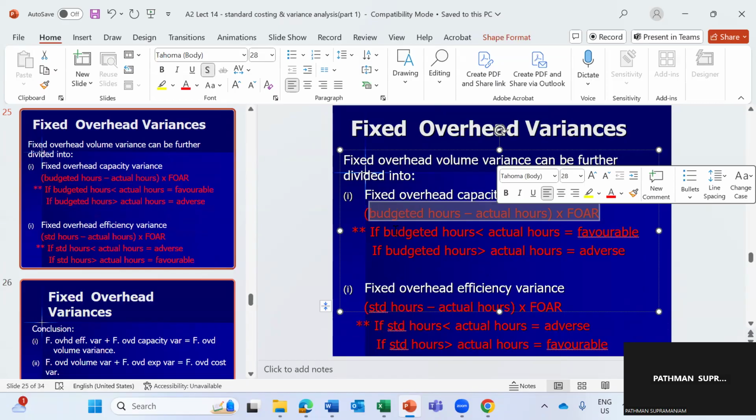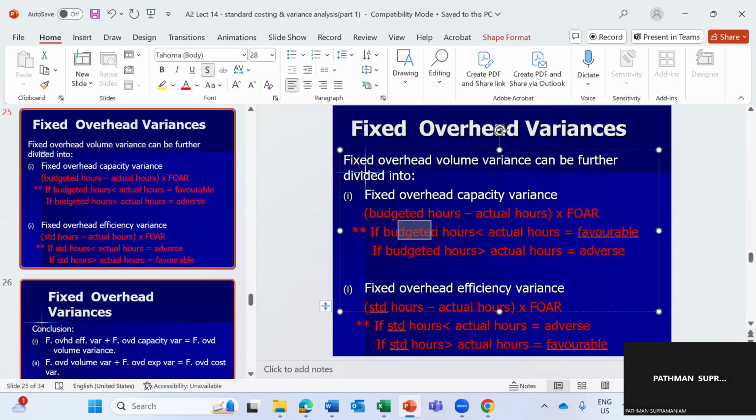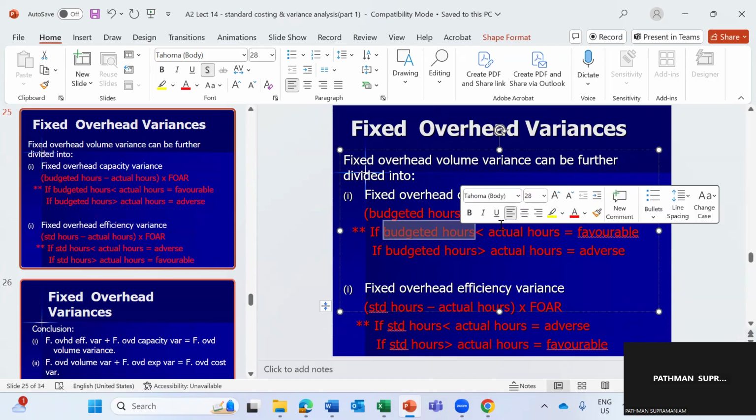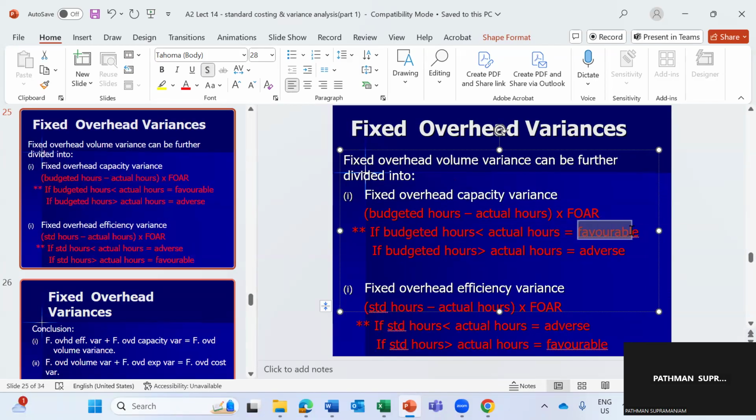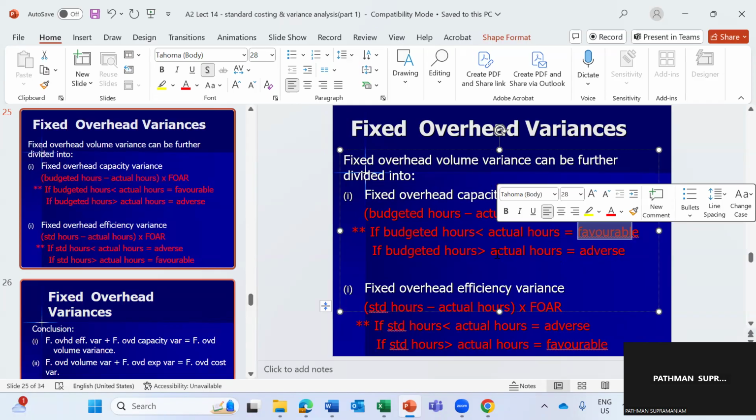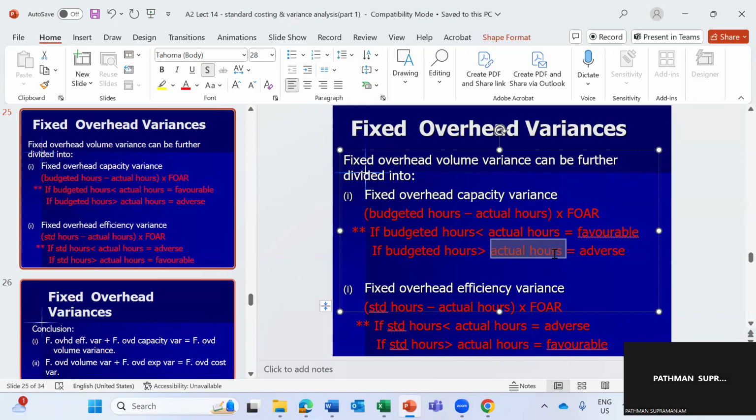If budgeted hours is less than actual hours, which means we actually spend more time using the fixed overhead resources than we planned to, it's good because we're exploiting more. On the other hand, if we don't spend more time than we plan to, then it's adverse. It's adverse when we're not utilizing the fixed overhead to the best that we can.